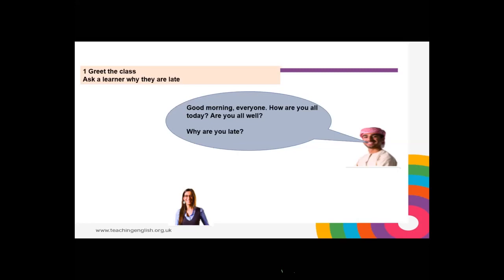What does a rising intonation mean? When I'm asking a question which starts with verb to be, here we can find are, right? It's verb to be. So here I have a rising intonation. We should say it quickly. Are you all well? Okay, so if I say it in a monotone, this is a flat intonation.